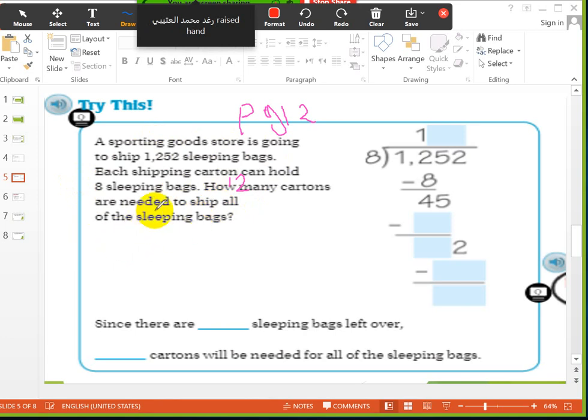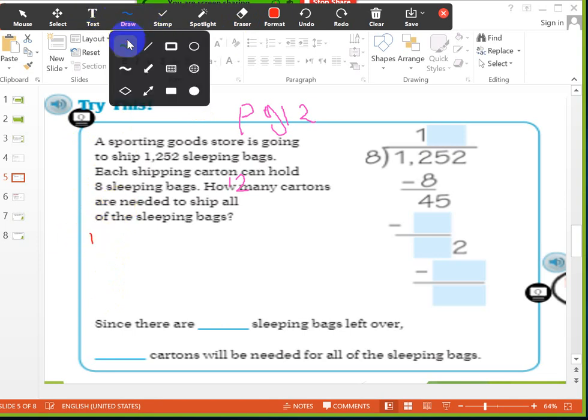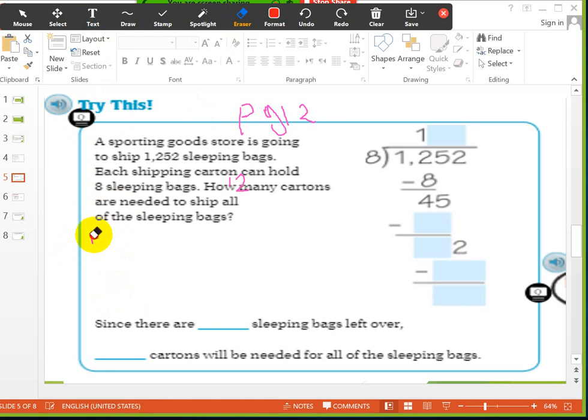So look, you know sleeping bags, when you go camping, if someone of you goes camping, you can use a sleeping bag to sleep in. Okay, it will help you.